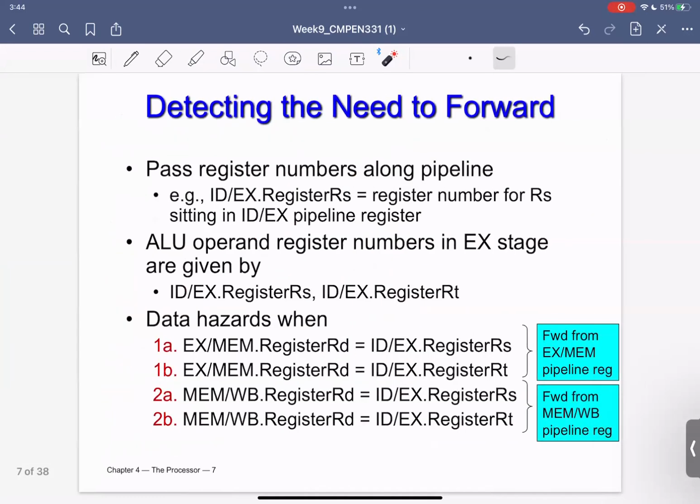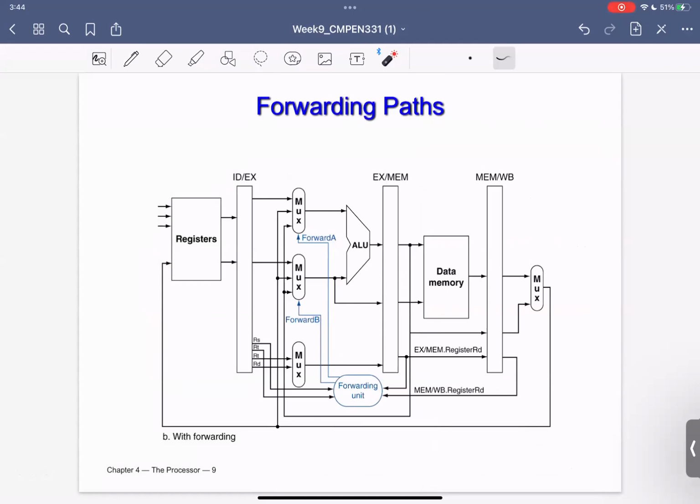And this is exactly what we have in this hardware. These are my 2 inputs. These inputs to the ALU can come directly from the previous stage. This is one situation. Or it can come directly as an output of the ALU, which is here. Or it can come as an output of my memory, which is basically here. Let's trace that here.